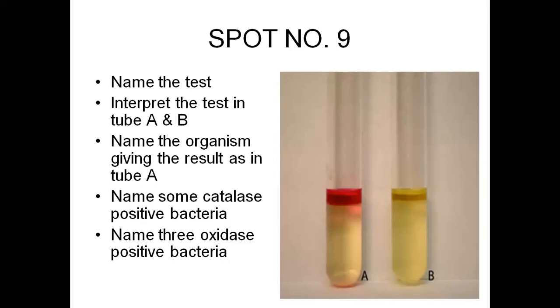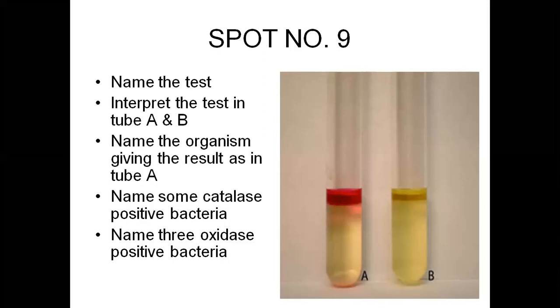If the tyrosine has been broken down, byproducts produced, Kovacs reagent is going to produce a red ring on the surface. If not, the Kovacs reagent is going to float on the liquid as a yellow ring. So red is positive, and yellow is negative.